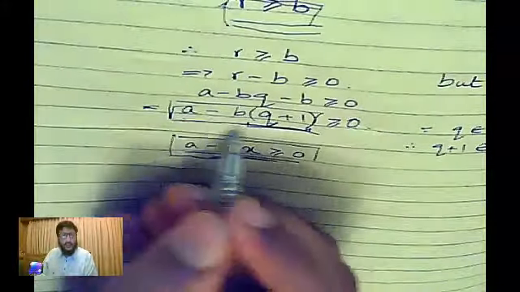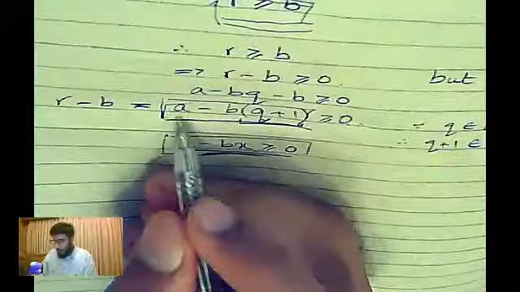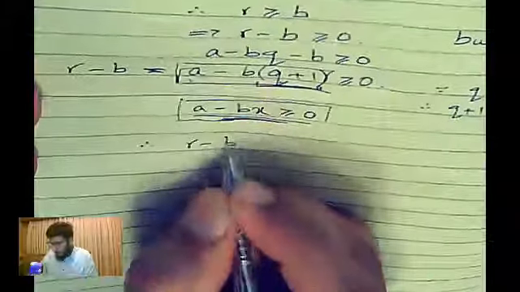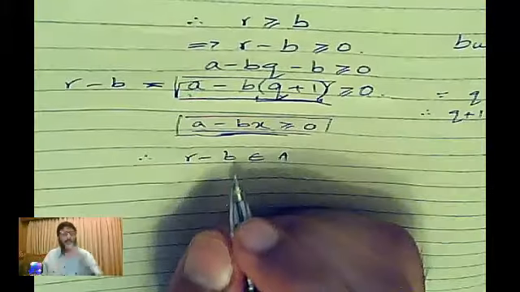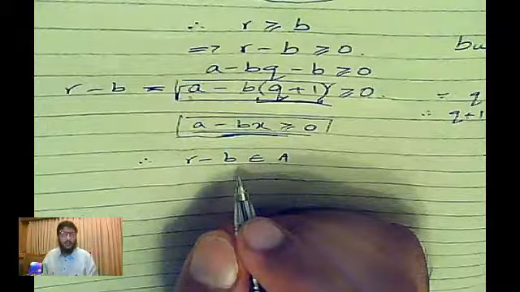We extracted this inequality from this one. So we can say r minus b equals a minus b times q plus 1 is greater or equals to 0. Therefore, r minus b belongs in the set of A. Okay, we proved that r minus b, whatever that number is, belongs in A.